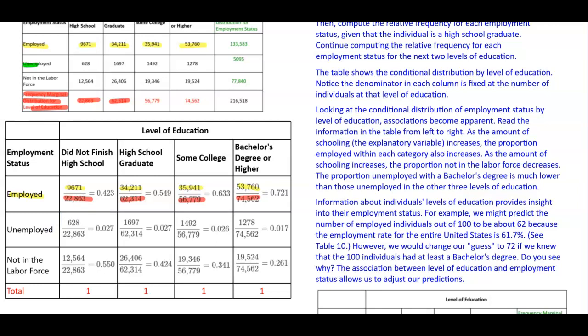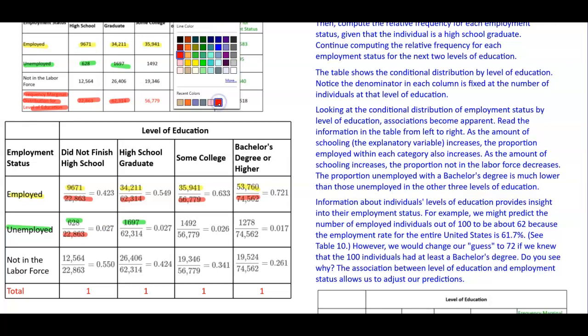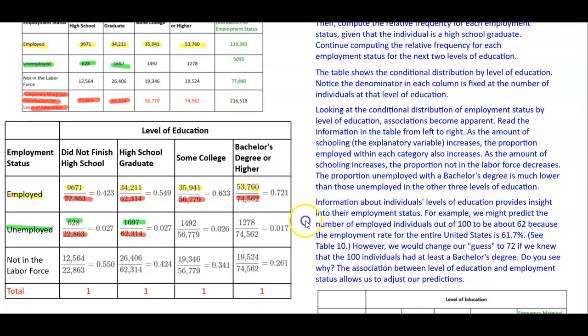Now we're going to continue to the next one, which is the unemployed. The unemployed here represents 628, and again we're dividing it by the total in that column, which was 22,863. That gives us 0.027. Next, we take 1,697 and divide it by the total in that column, 62,314, to get 0.027.